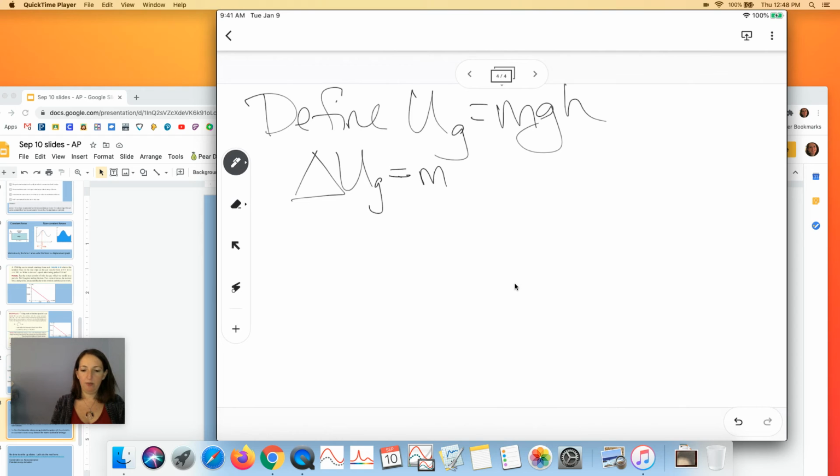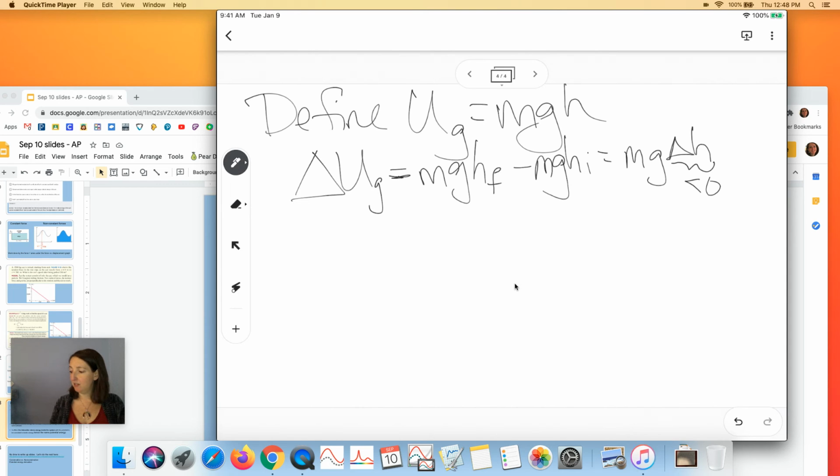If we say it's mgh final minus mgh initial, that's literally what delta U is if I've defined U that way. And so that's mg delta h, and in this case our delta h was less than 0, so that's how I got this negative mgh.